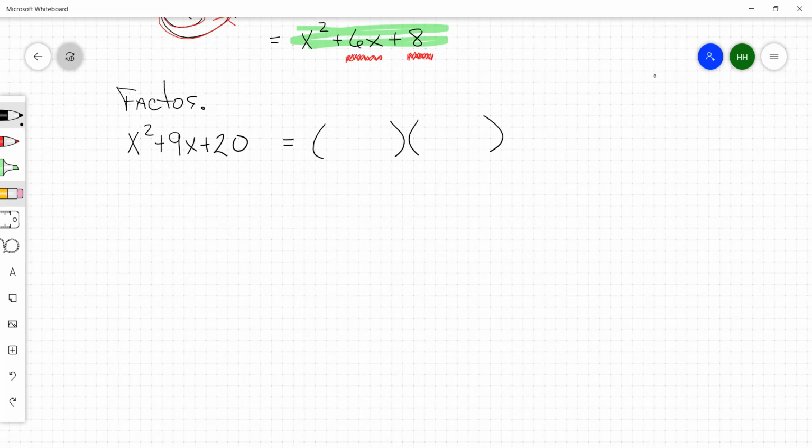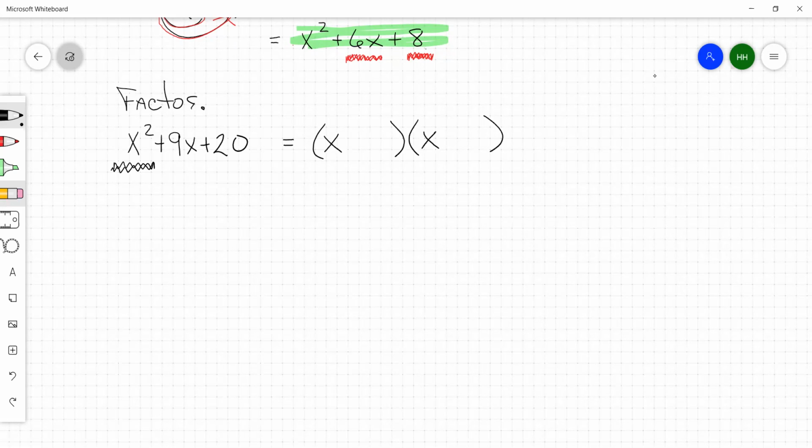And when this first term in the trinomial is just x squared, then this is an x and this is an x. The second part, you're trying to find two numbers that multiply to 20 but add to 9. Two numbers that multiply to 20 and add to 9.